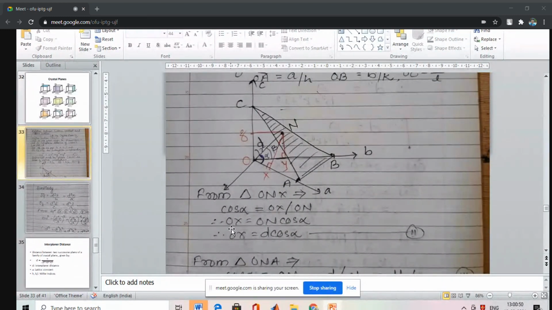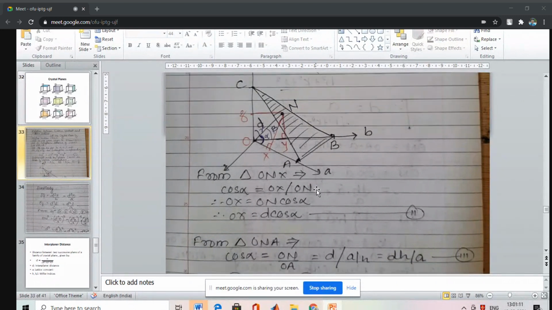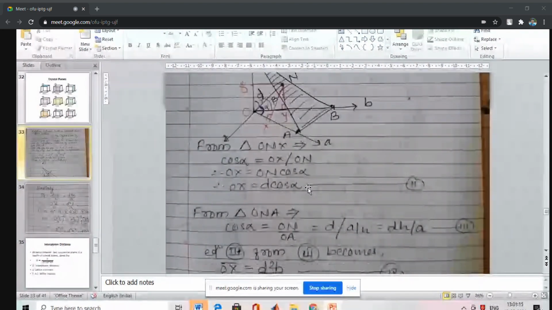So OX is equal to ON cos alpha. Okay, next. So ON is nothing but D, that is the interplanar spacing. That is our assumption. So OX is D cos alpha. Right, this is equation number 2. You can simultaneously write in your notebook, so you will get a clear understanding of this derivation, which will be easy for your study.